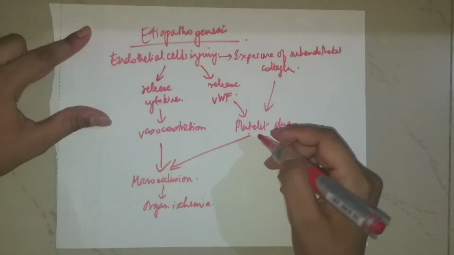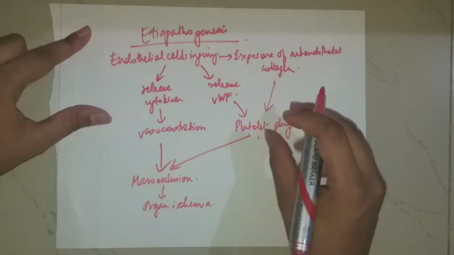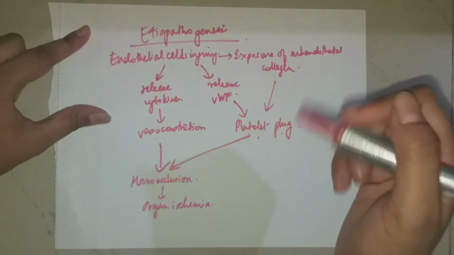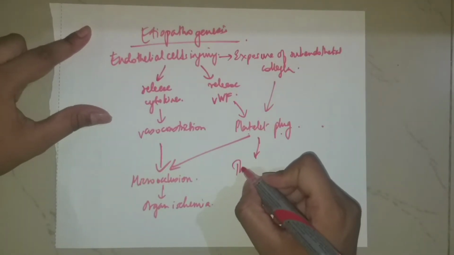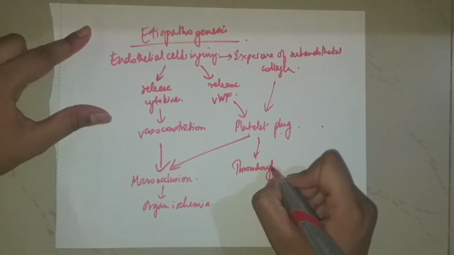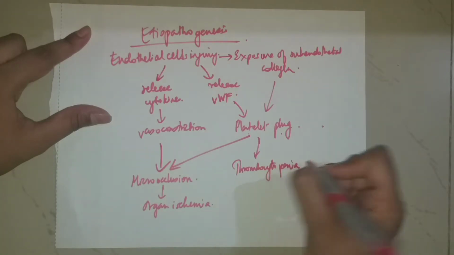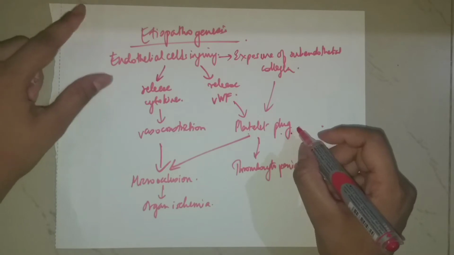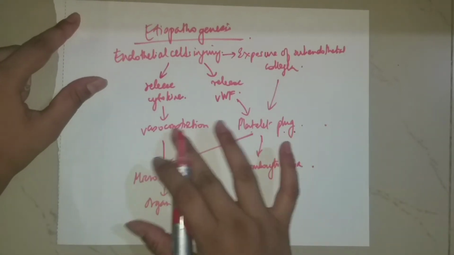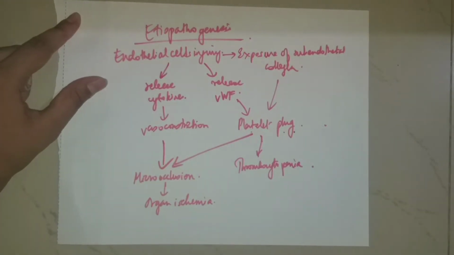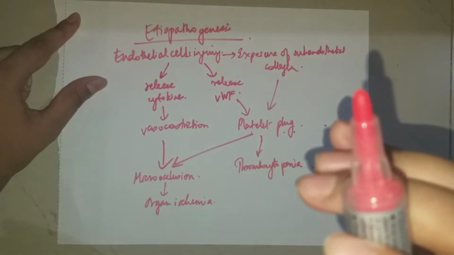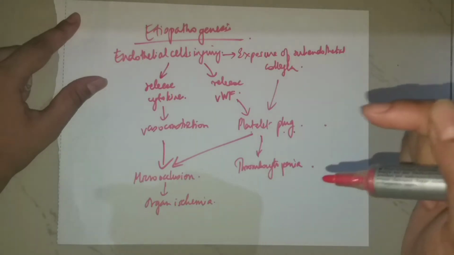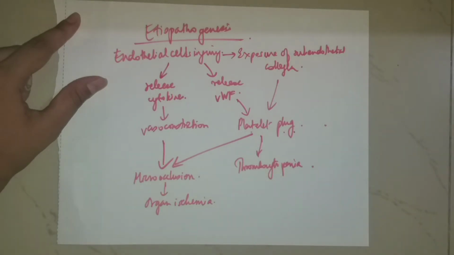Now, of course, since there are platelets which are spent in creating the platelet plug, there is thrombocytopenia. Also, when there's a platelet plug and there's vasoconstriction and there's almost partial or complete occlusion of the small blood vessel, the RBCs which are passing through the blood vessel face mechanical obstruction to the flow of the blood and the RBCs.